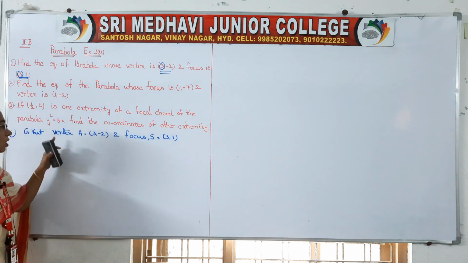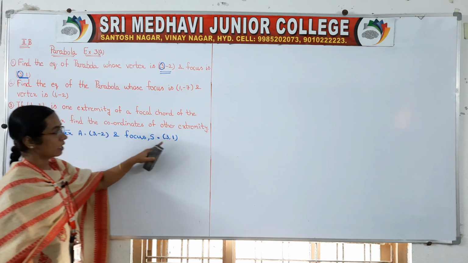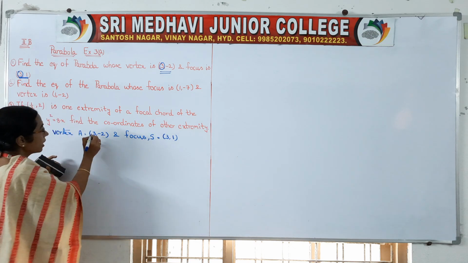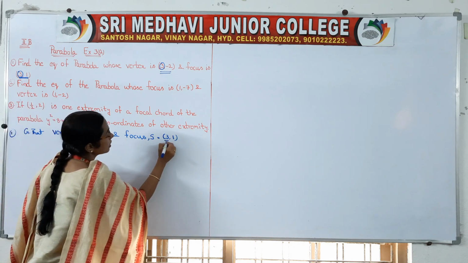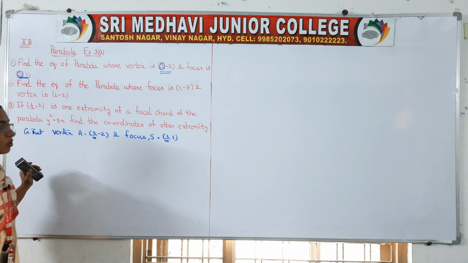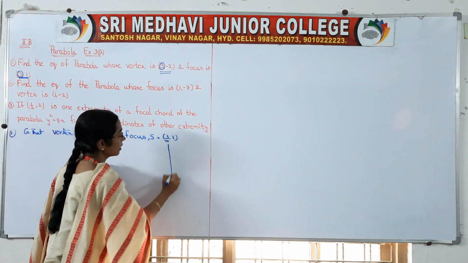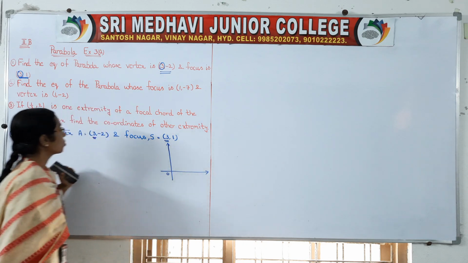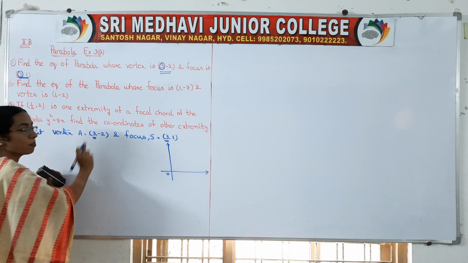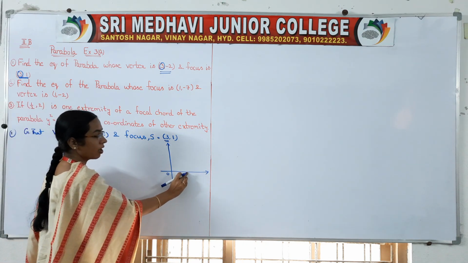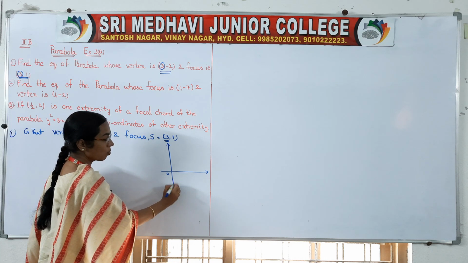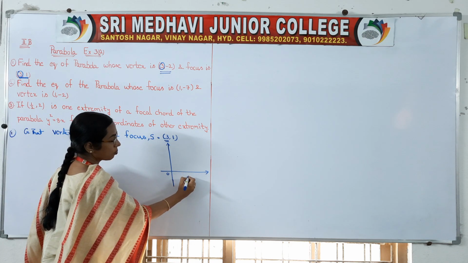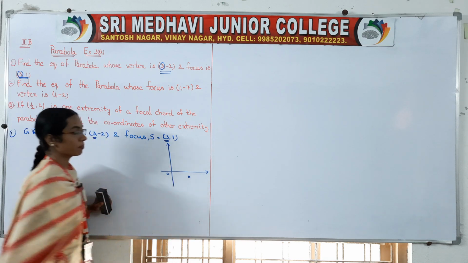If you observe the vertex and focus, their x coordinate is the same. So if we take the coordinate axis like this, one point is (3, -2), so 3 on the x axis and -2 on the y axis. Suppose this is the point, right?